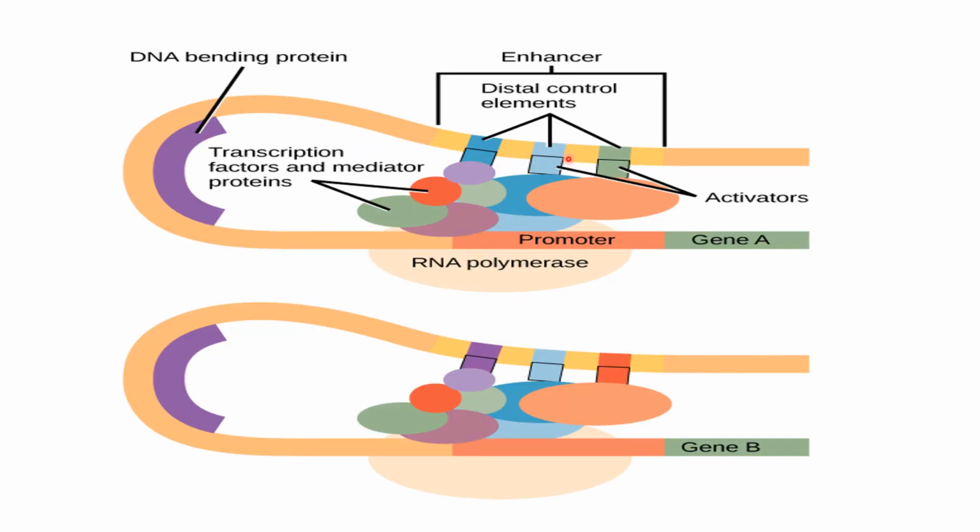Here are the different transcriptional factors and how they can interact. For gene A, this set of transcription factors is required, and for gene B a different set of transcription factors binds to their specific region.